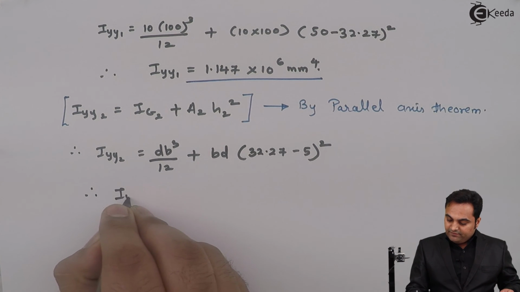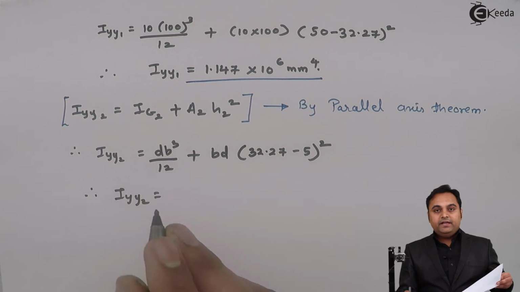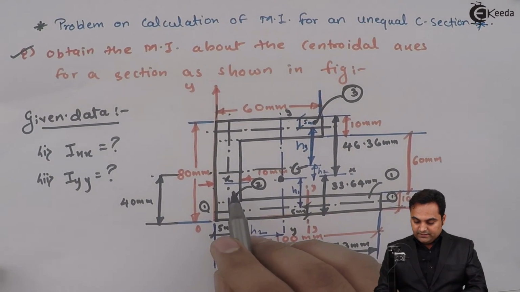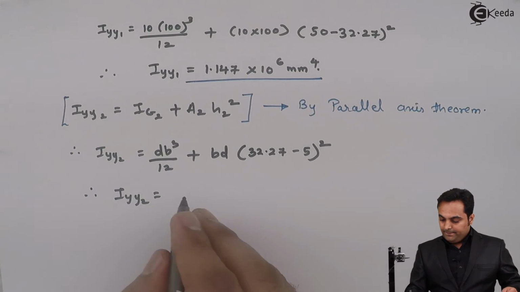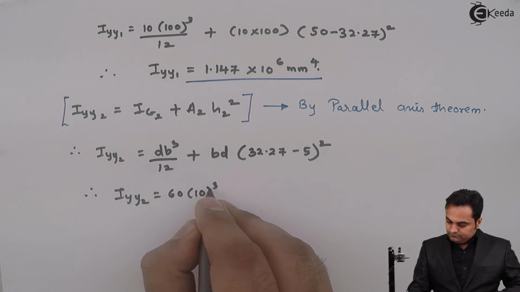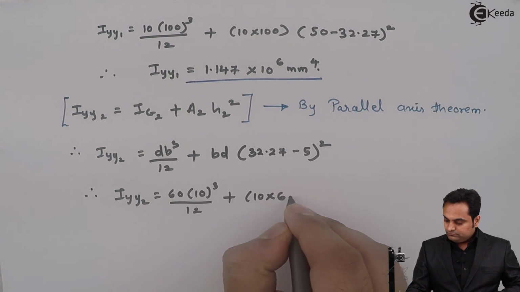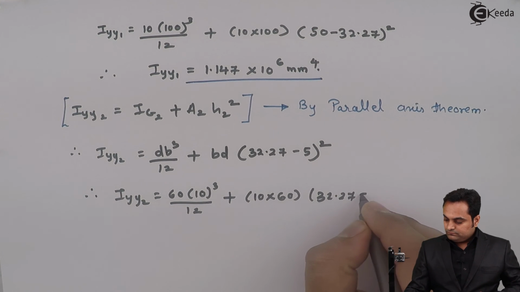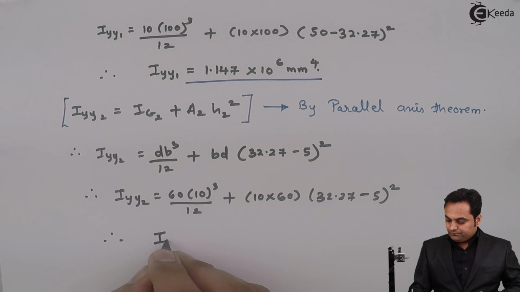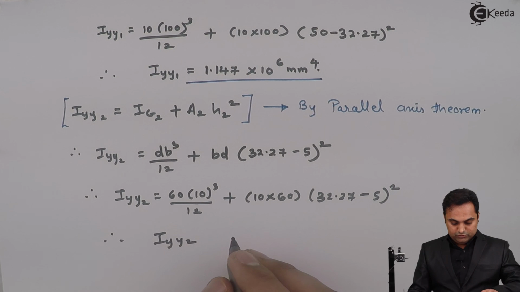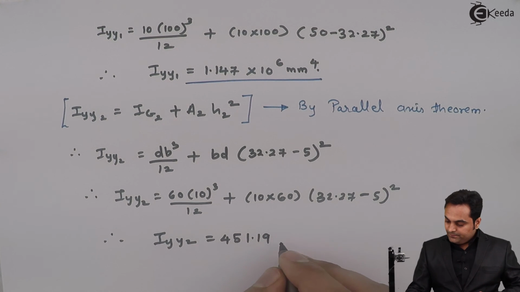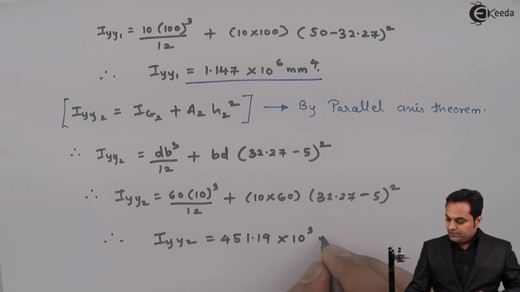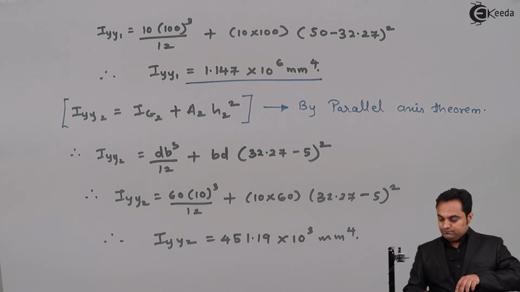So therefore Iyy2 will be, here D and B values for the second rectangle, D is 60 and B is 10. So Iyy2 comes out to be 451.19 into 10 raised to 3 mm raised to 4.